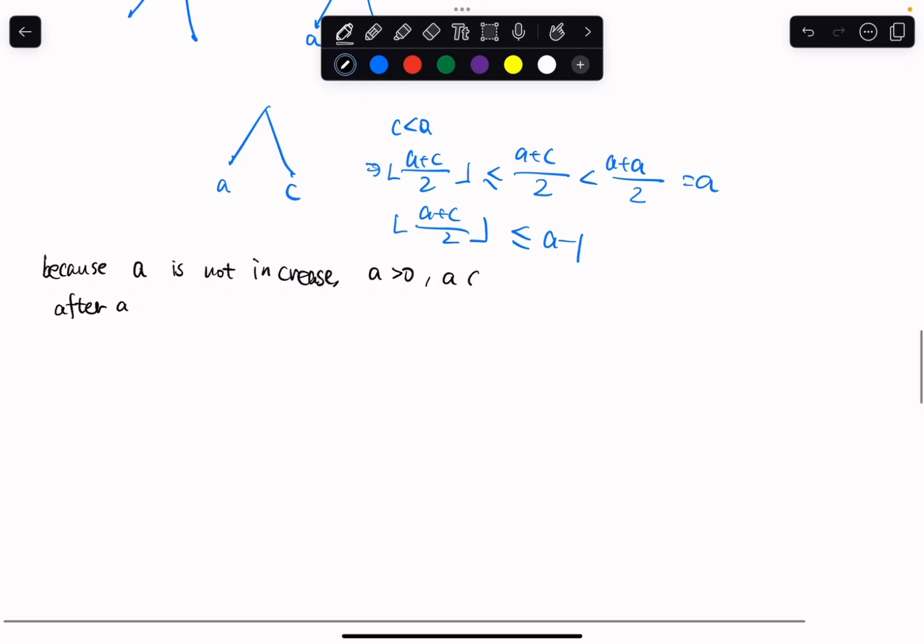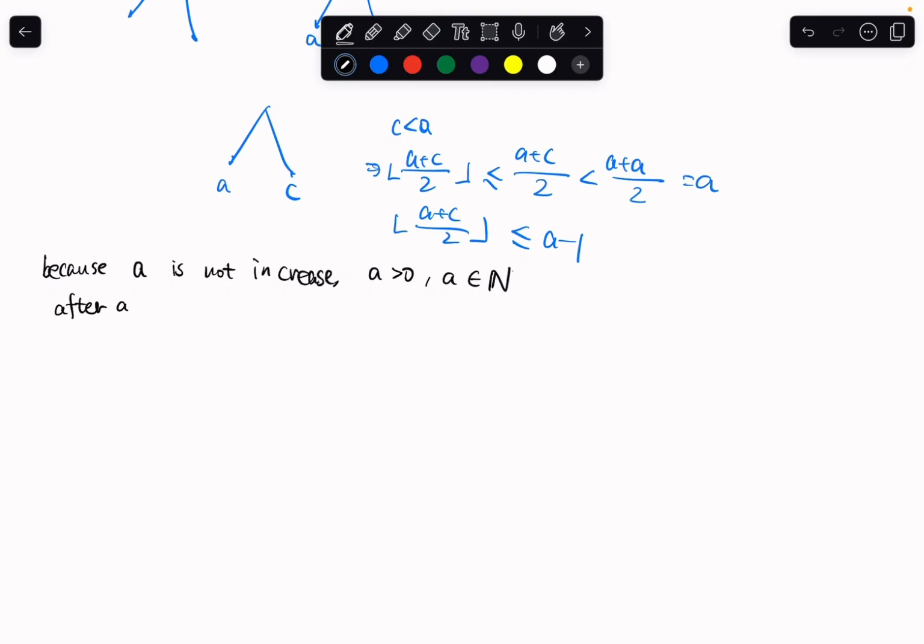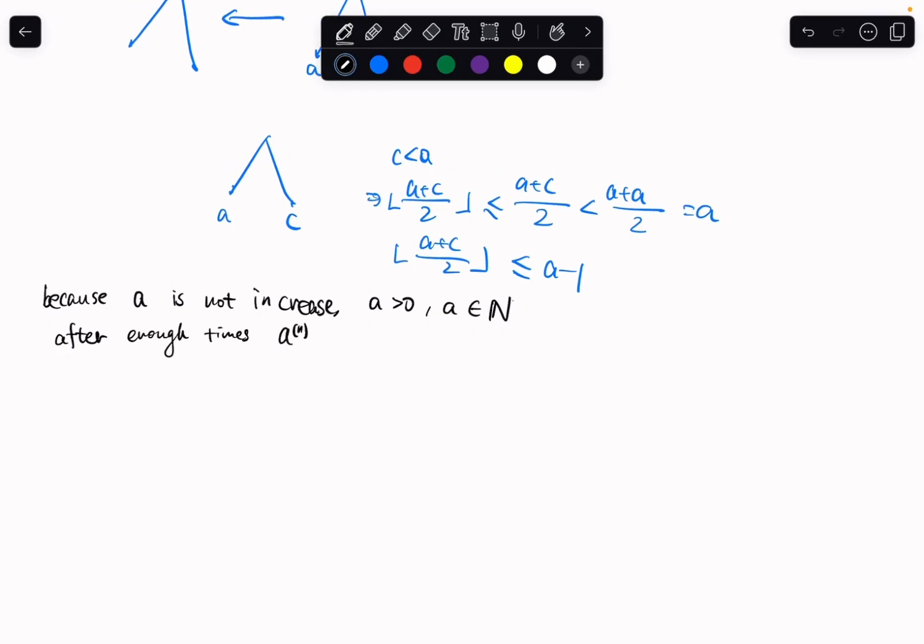And because A is a non-negative integer, so after enough times, An will be a constant.